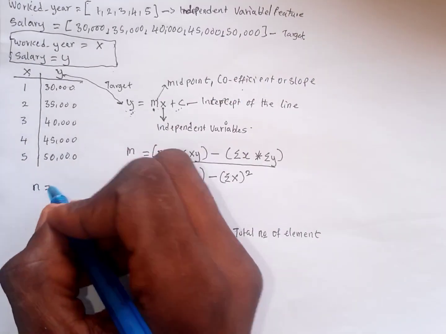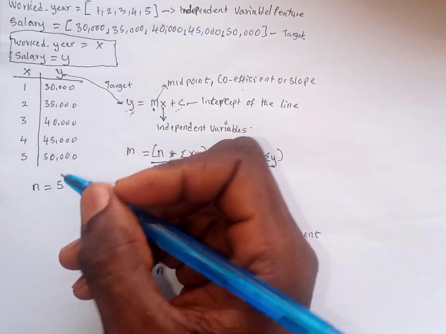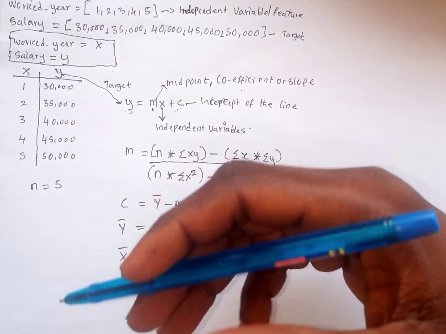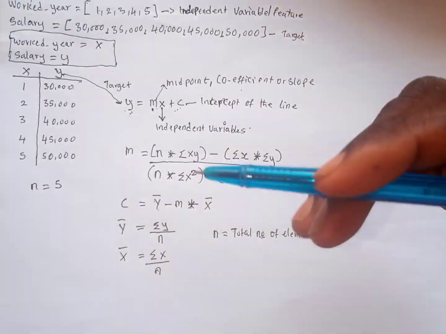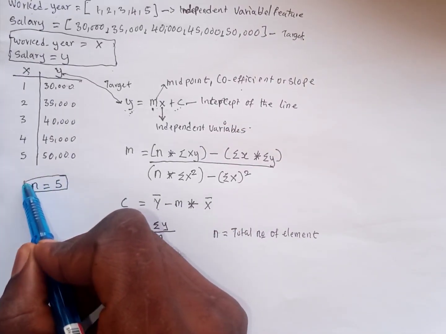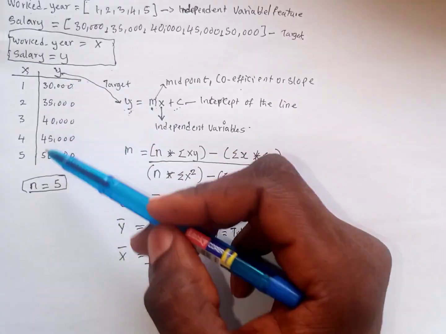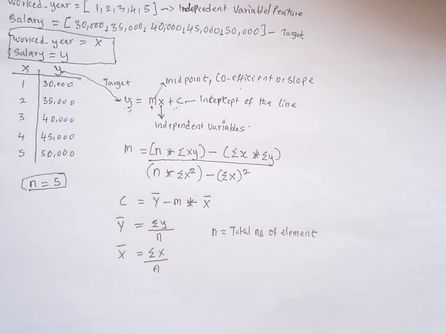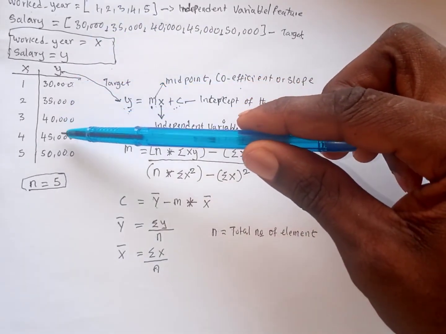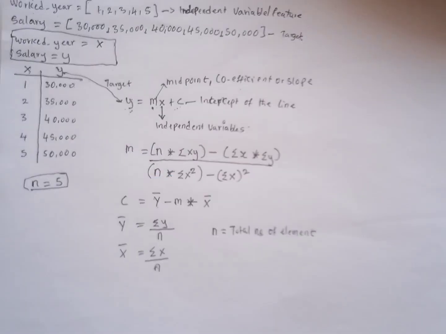So we can set our n to be 5. Or you can also look at it as the number of observations, the number of elements observed, which gives our n to be 5. What you have to do is just count the number of elements that exist, on x and y, because they are going to be the same, even though there are unknown values in them. Just count them: 1, 2, 3, 4, 5. So that's where we got our n as 5.